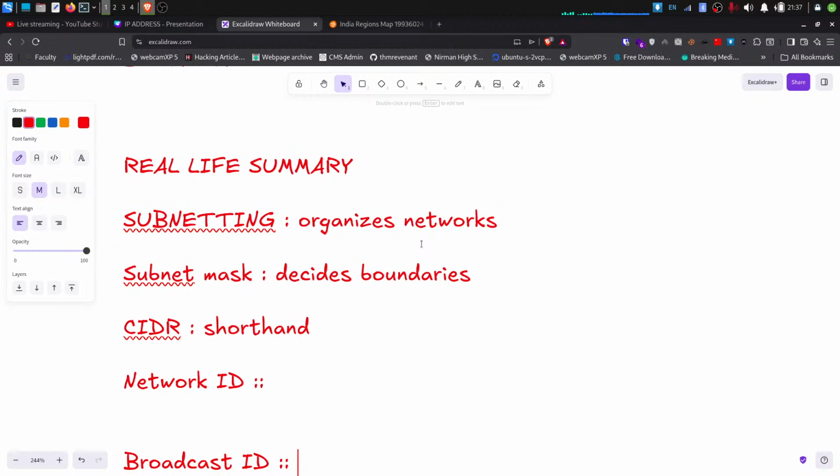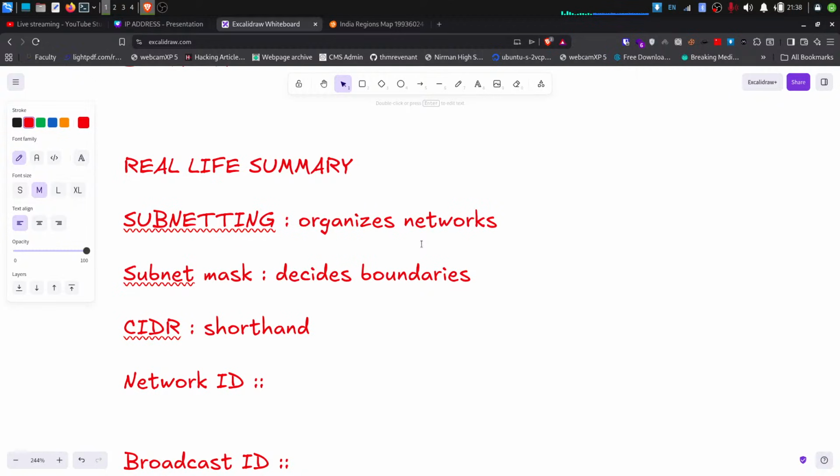The first most host IP address of a range is a network ID. And the one who broadcasts it to the others has broadcast ID. Perfect. Broadcast ID communicates with all the hosts.